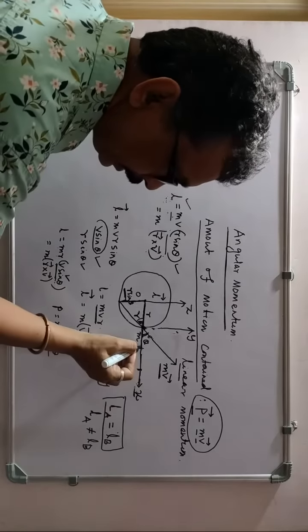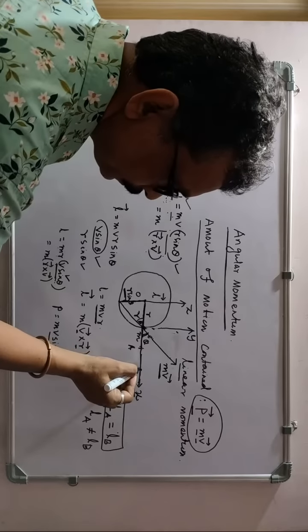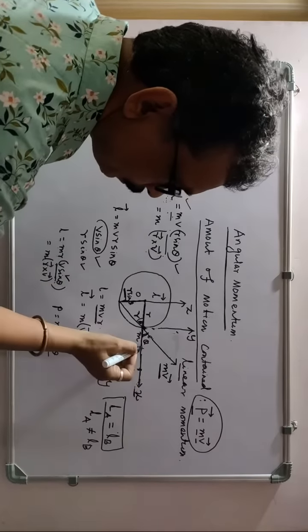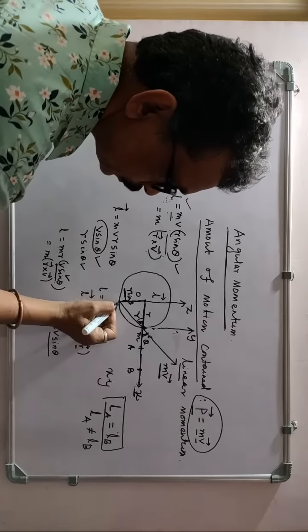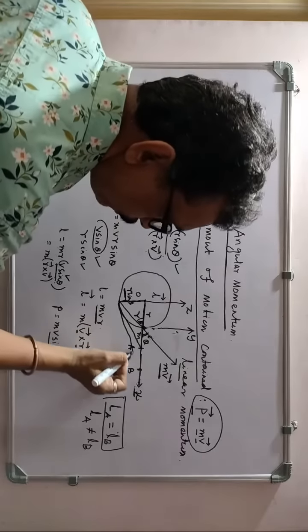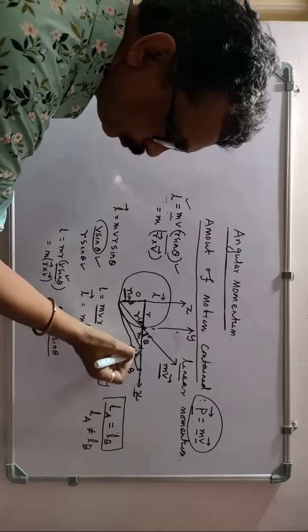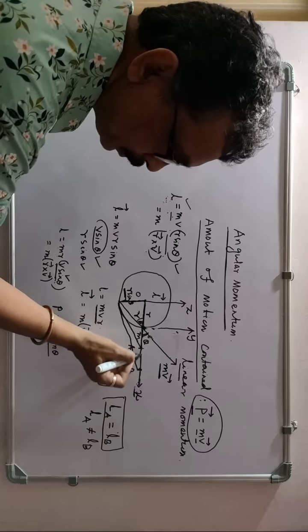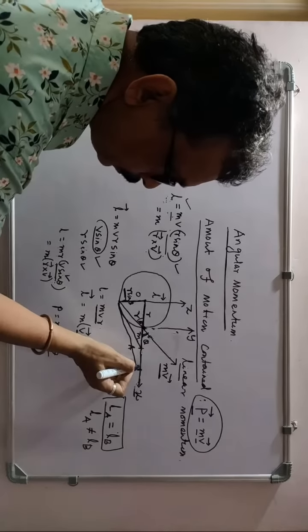Angular momentum at A will be equal to the angular momentum at B, because, you see, suppose I am joining these 2 points. The 2 points are changing, but the velocity of the body is constant or uniform.